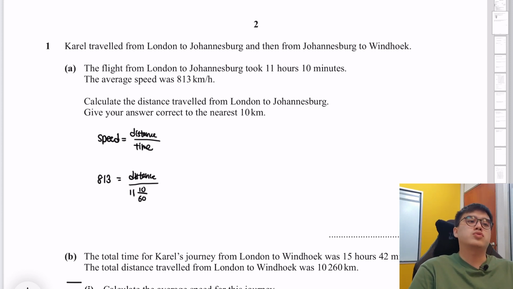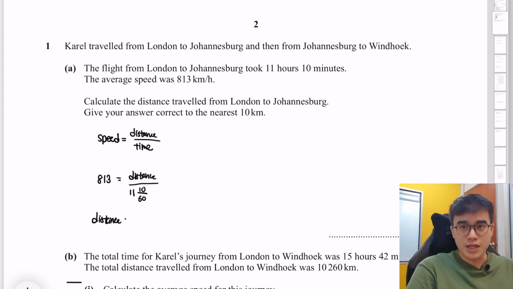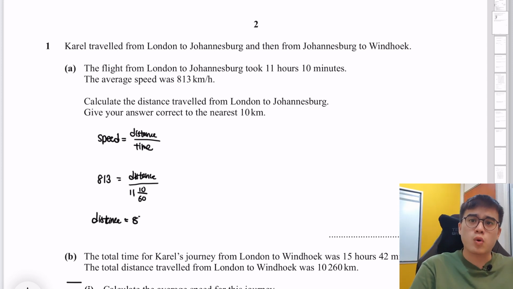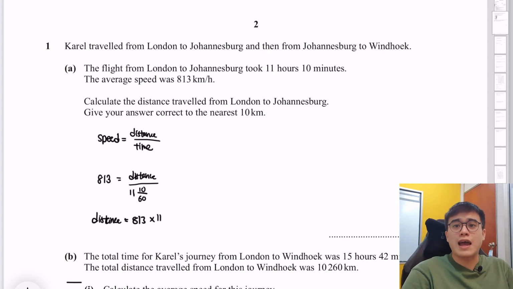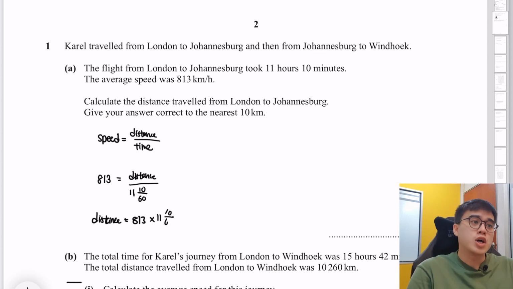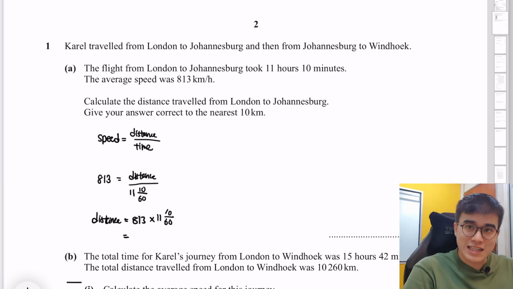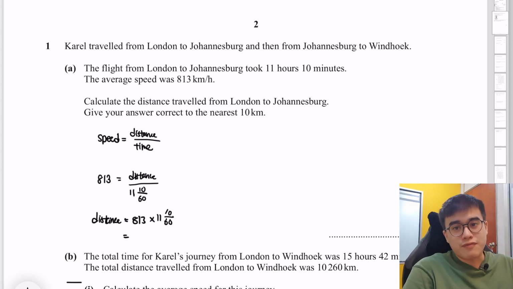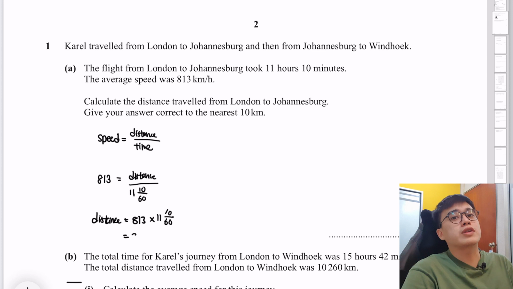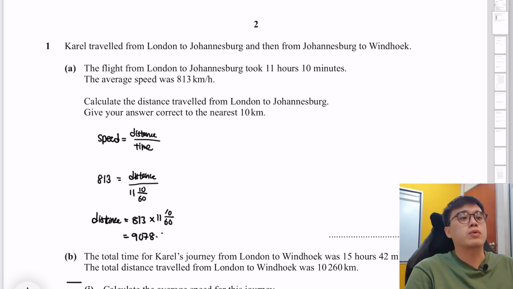So speed equals distance over time. 813 equals distance over the time, that was 11 hours and 10 minutes. Some conversion is required because we need to calculate everything in hours. So for the 11 hours 10 minutes, you're required to write it as a proper fraction where 11, 10 over 60. The divide by 60 over there is to convert the minutes into hours.